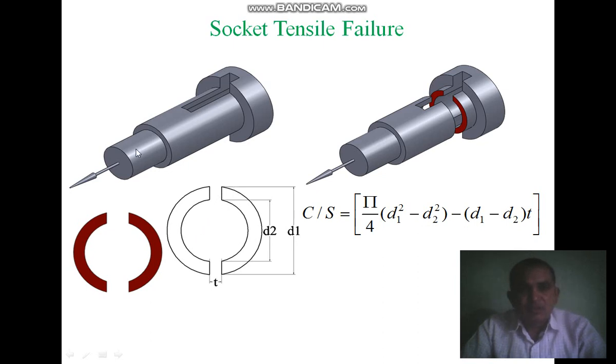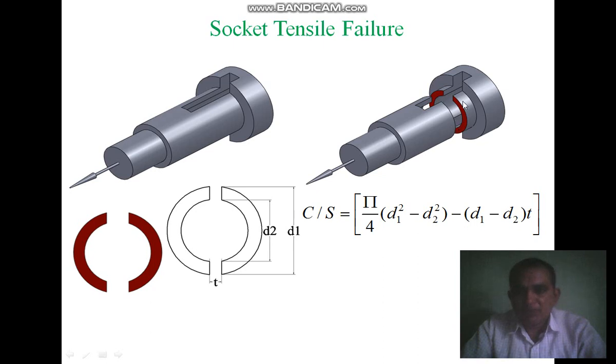The minimum cross section is present at this particular plane, and when we apply the tensile force this area will fail. The red color indicates the element failing at this cross section.